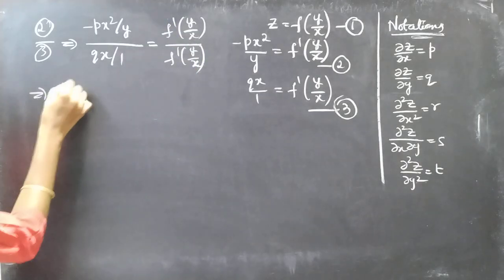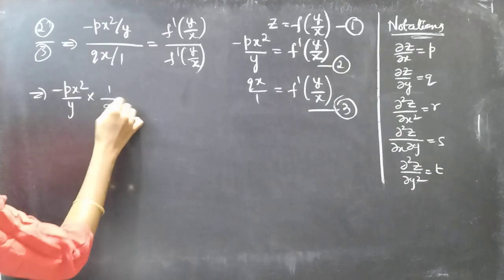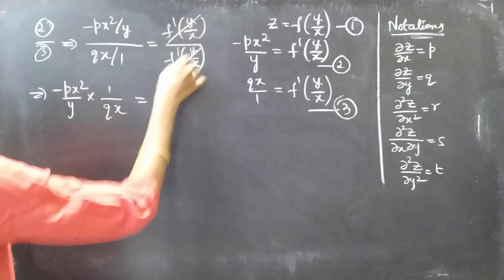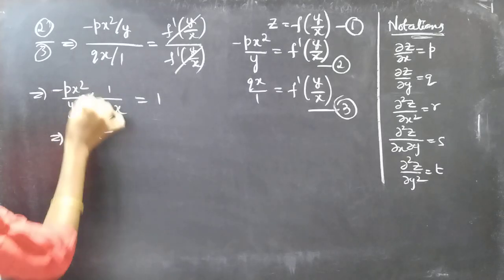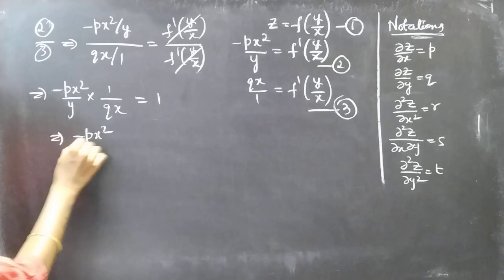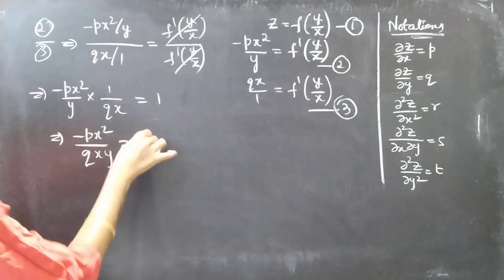This gives us minus p x square by y into 1 by q x equal to, cancelling these two, 1. Minus p x square into 1 is minus p x square, y into q x is q x y, equal to 1.